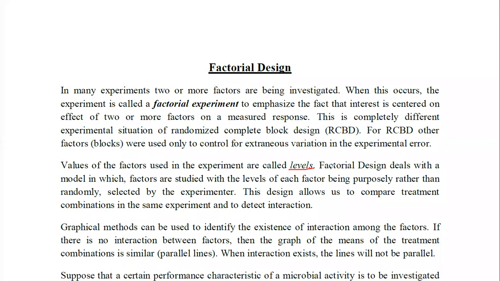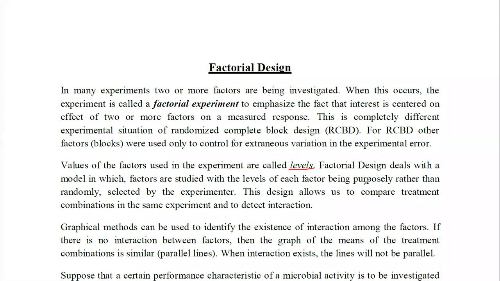And in the factorial design, we deal with a model in which the factors are studied with the levels of each factor chosen purposely rather than randomly. Therefore, rather than using a random technique, we study the levels of each factor in a purposeful manner.